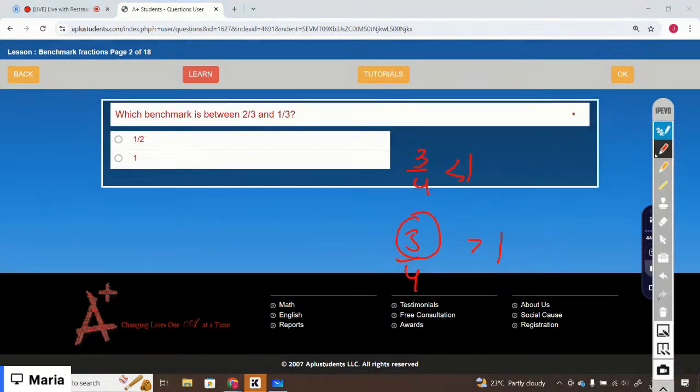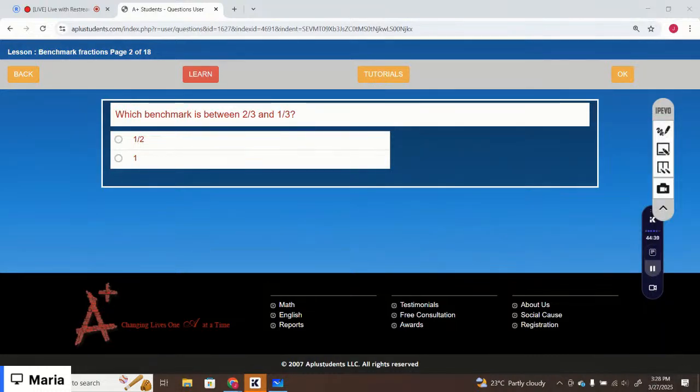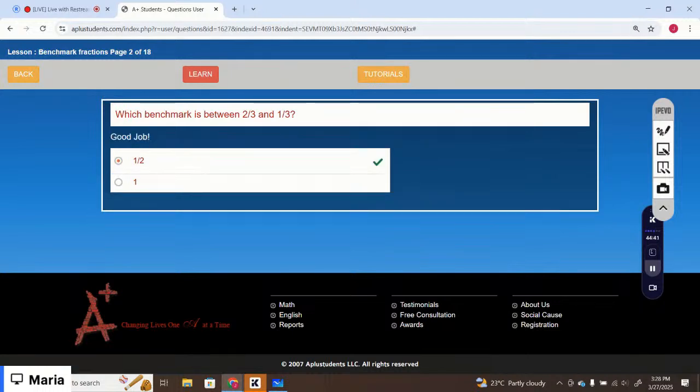They both are less than 1. Look, 2/3 is greater than half, but 1/3 is less than half. So the benchmark between 2/3 and 1/3 is 1 over 2.